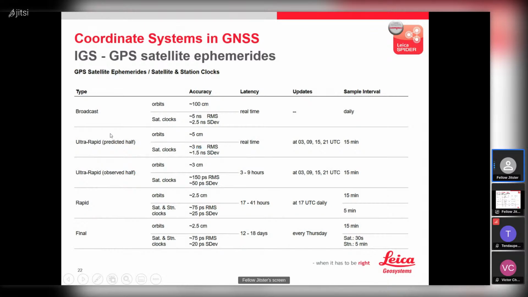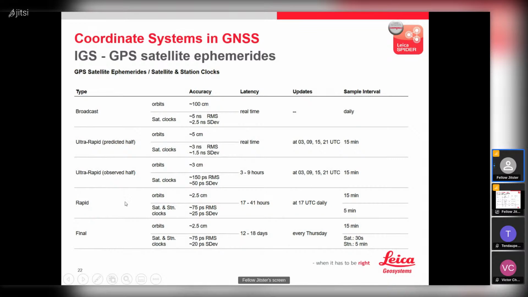This is for the predicted half, and then we have the so-called observed half. When they publish the ultra rapid ephemeris, 50% of the file is predictions, and 50% is real observations, real computations. Here the orbits of the satellites are slightly more accurate, 3 centimeters. The same applies for the estimation of the clock corrections.